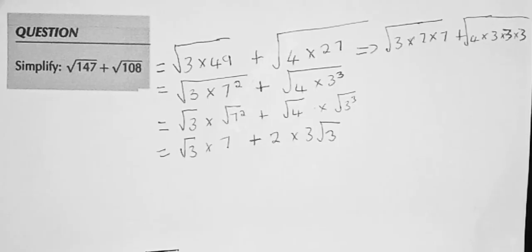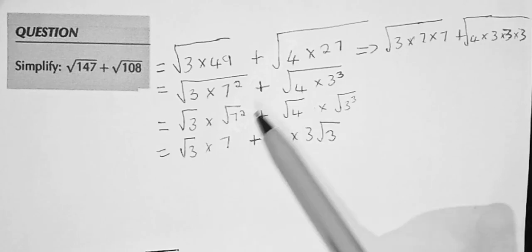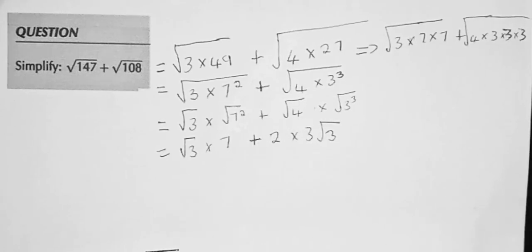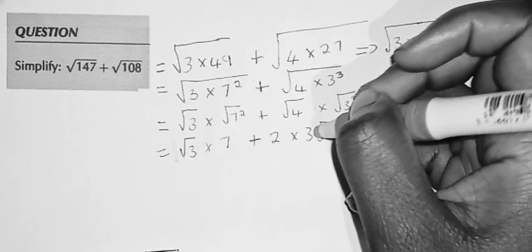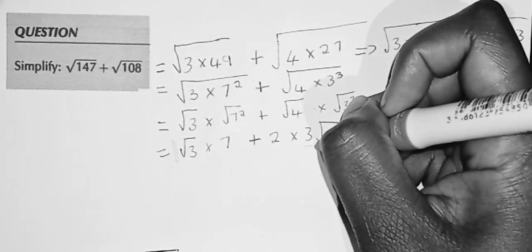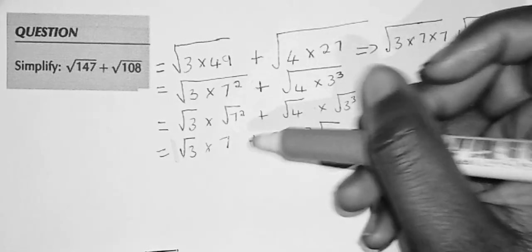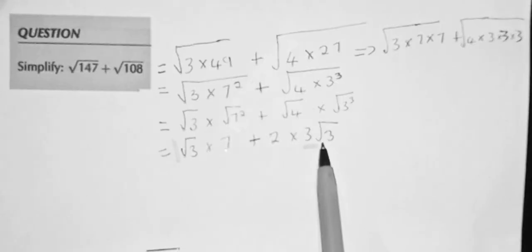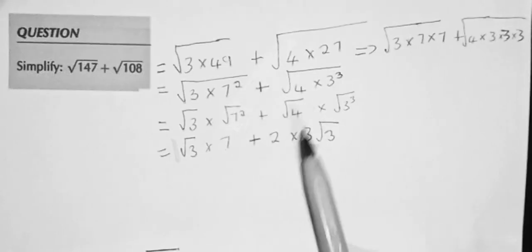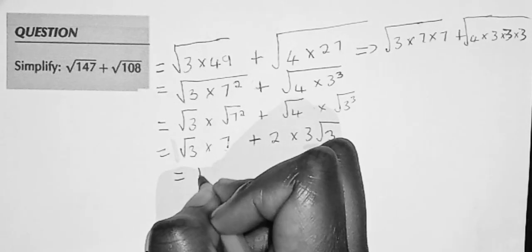Okay, what is next? We have an invisible 1 here, and up here we have the 3, and we also have 7 plus 2, so you get 9. So let us add what we see: 1 plus 3 plus 7 plus 2, and you get 13.